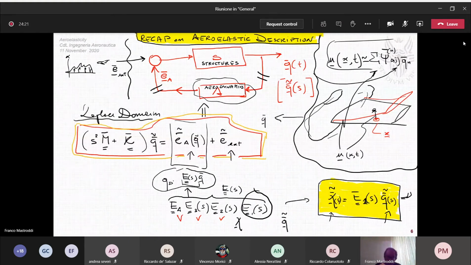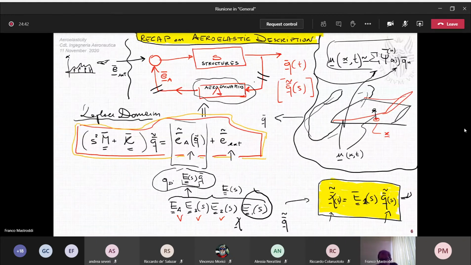Another level of interface, the second phase of the fluid structure interface, is the step whenever you have the aerodynamic force and you want to apply this aerodynamic force onto the structures, depending on the structural displacement.